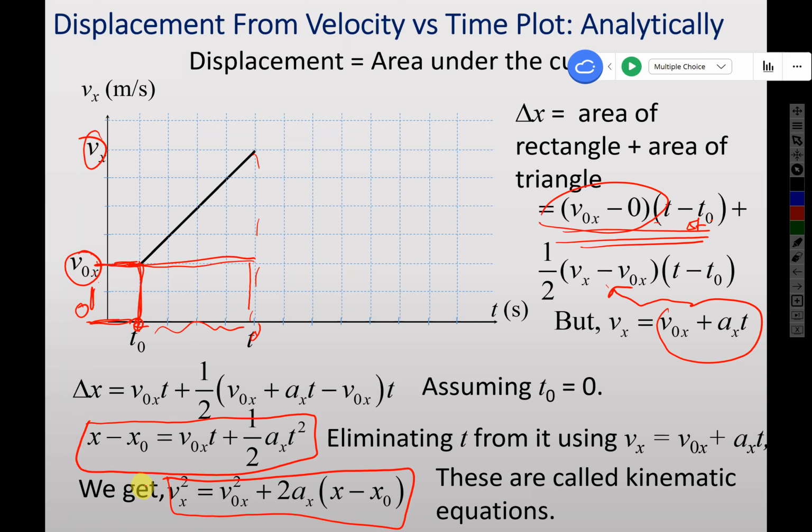We can use these equations to solve problems when there is constant acceleration. If acceleration is changing, we have to do something else. But as long as acceleration is constant, we can use these. See how we went from graph to equation? That's what I was talking about.